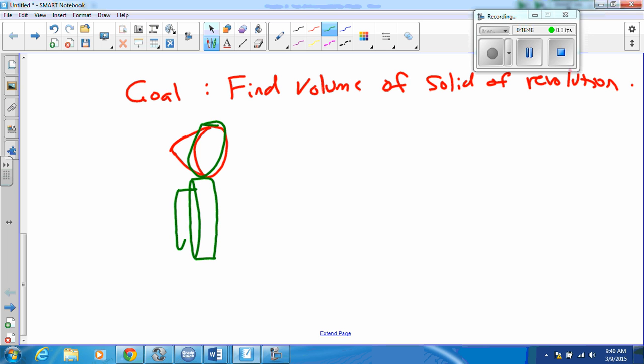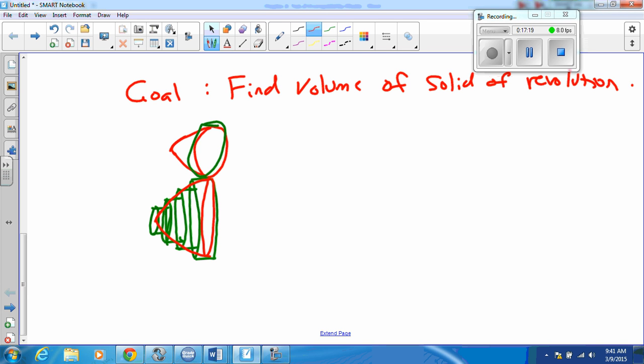So that our circular discs are now going to cover it, like so, and approximate the volume of our solid of revolution. There. That's the very best that I can do with that.